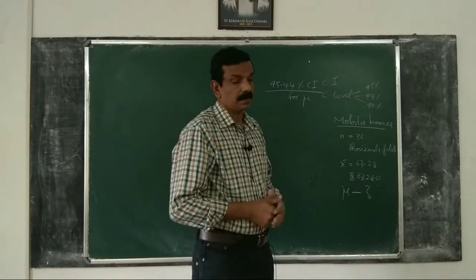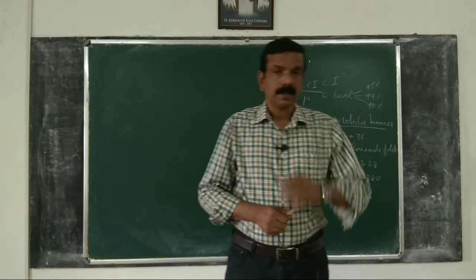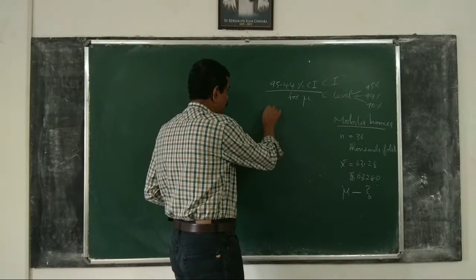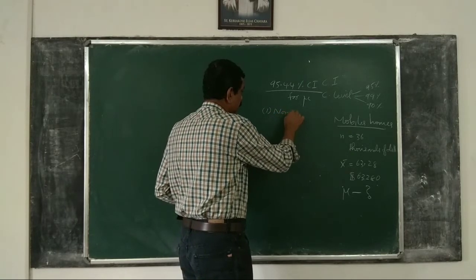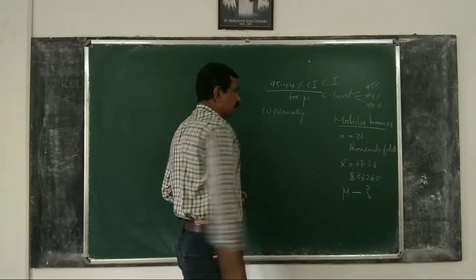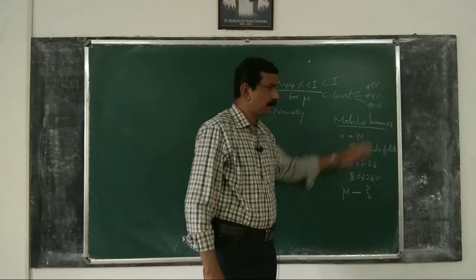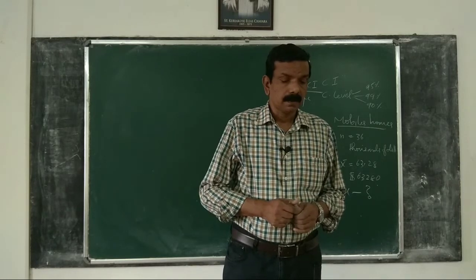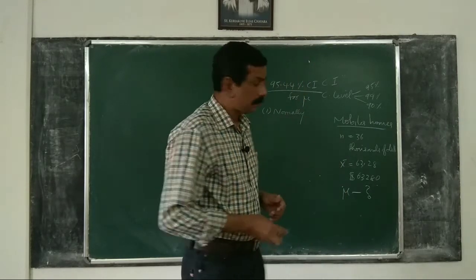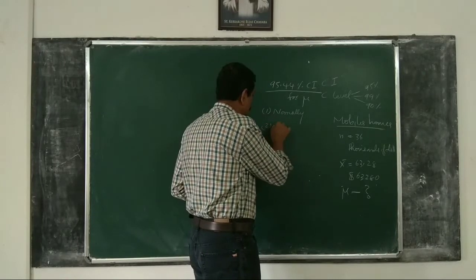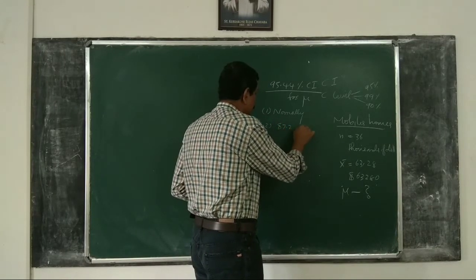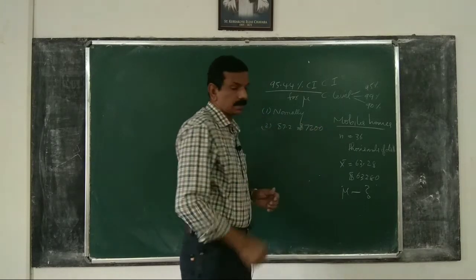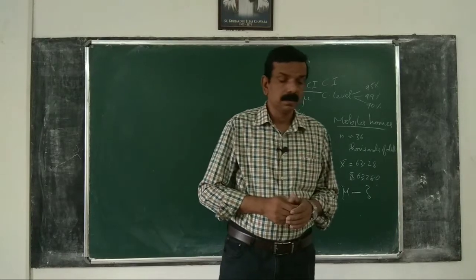For that, we assume that the prices of new mobile homes are normally distributed, that is, the population is normally distributed with the population standard deviation as $7.2 thousand, equal to $7,200.